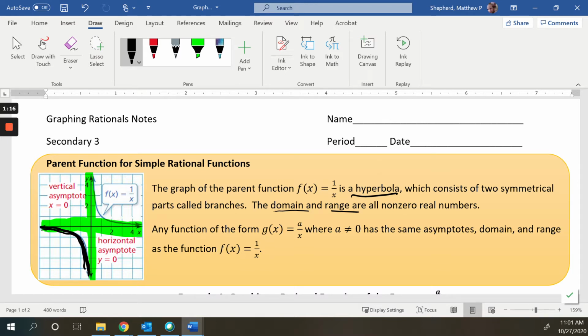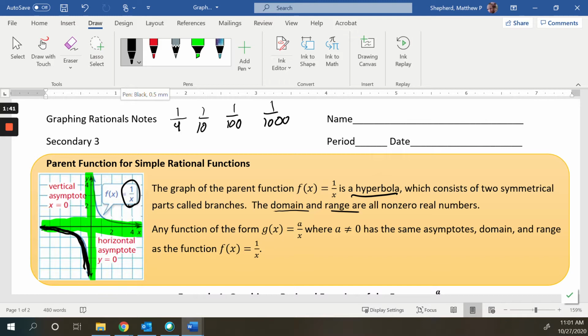And that's because of a property of 1 over x. So think about what happens as x gets bigger. At 4, we have 1 over 4. At 10, we'd have 1 over 10. At 100, we'd have 1 over 100. At 1,000, we'd have 1 over 1,000. At 1,000,000, we'd have 1 over 1,000,000.